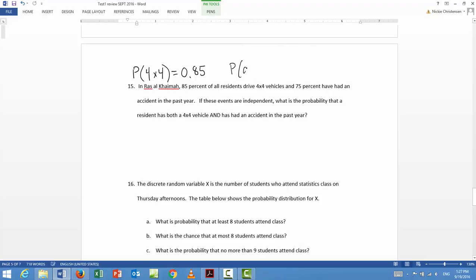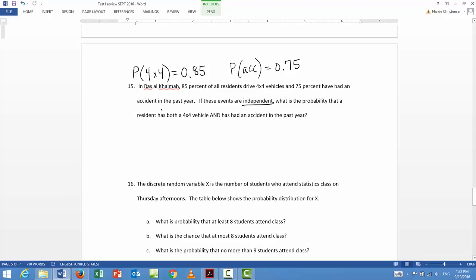So the probability of accident is 0.75. Then it tells us these events are independent, meaning that if somebody drives a 4x4, it doesn't have any effect on the chance that they've had an accident in the last year. There's no relation between these two probabilities.